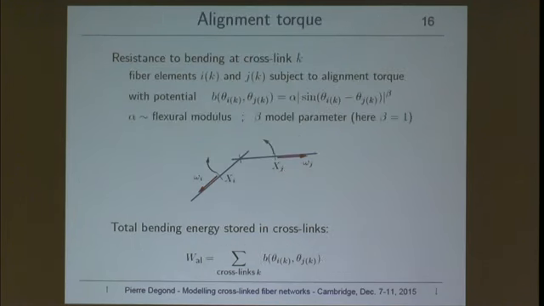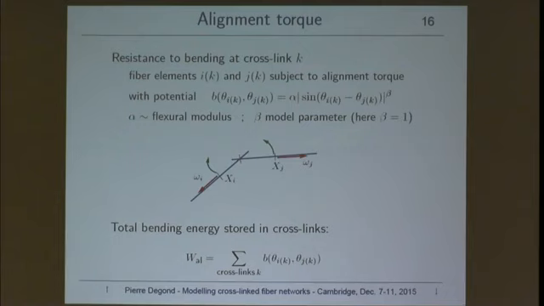There is the alignment torque, so the same thing. I'm supposing that for the crosslink K and associated fibers I and J, I have a sort of potential energy stored in the bending of the two links, which is proportional to the sine of the difference of the angles to some power beta. And here I will take beta equals 1, so it will be a rather unsmooth force. It's not a harmonic force, but the reason for that is just because it is easier in the analysis later.